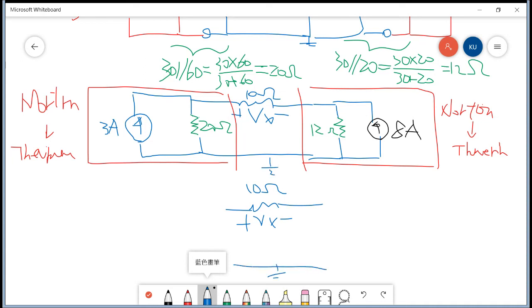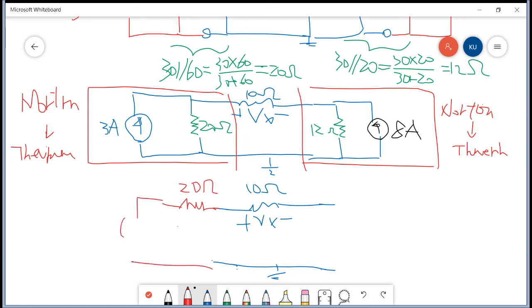So for this part we have 20 ohm. Sorry, we need to change it into the Thevenin so that it is in series with 20 ohm.